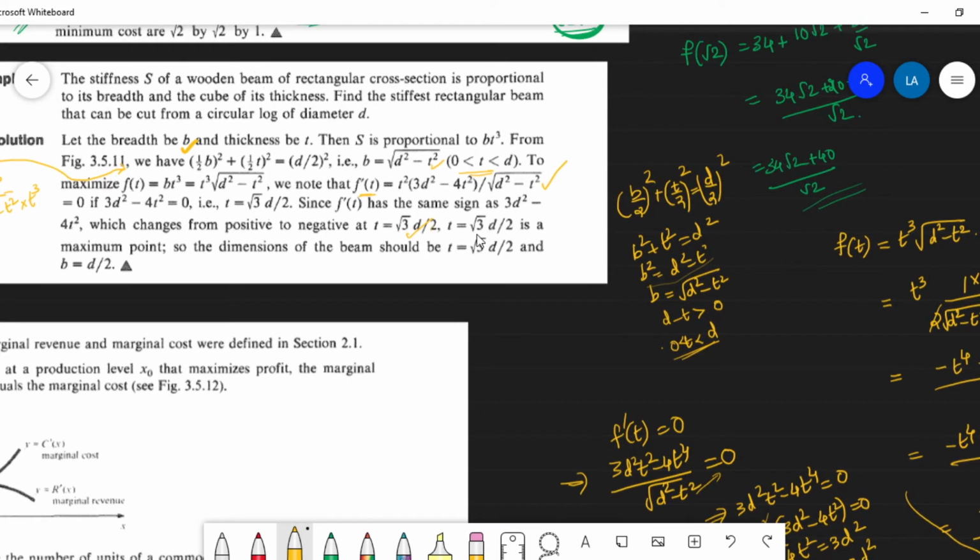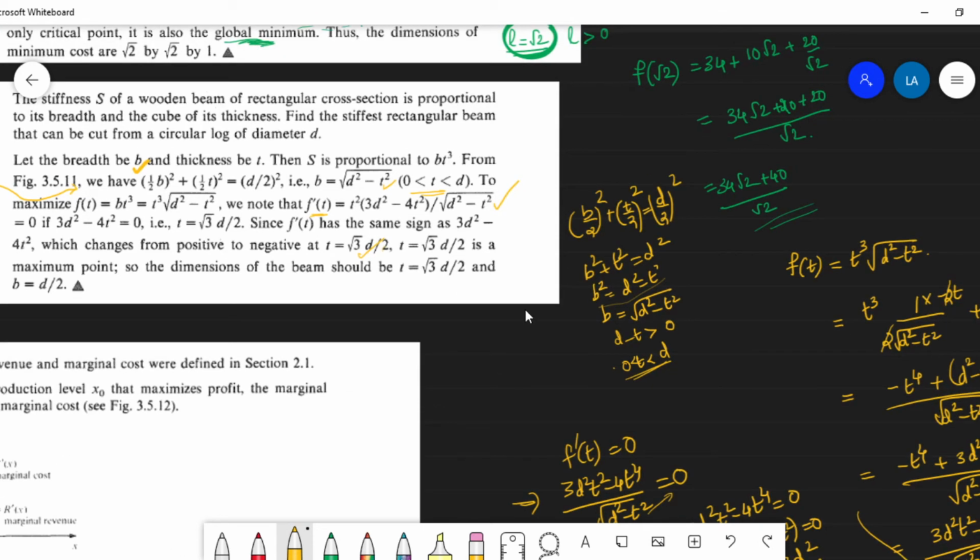2. So that will mean, since the test for local maximum point is given there, that it is changing from positive to negative. So here it is given that f dash of root 3 d by 2 is positive to the left, and f dash of root 3 d by 2 is negative to the right of that point.